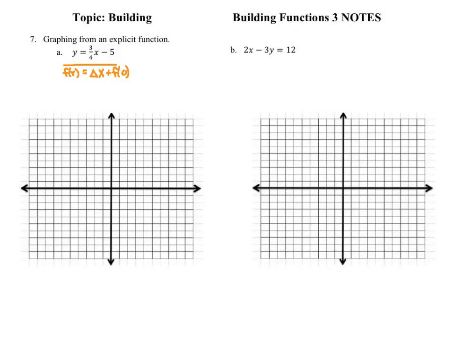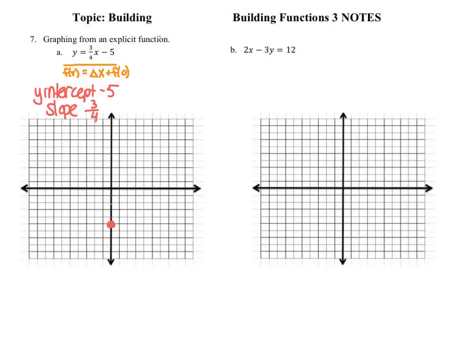So what's my y-intercept? My y-intercept is -5, and my slope is 3/4. So I'm going to graph my y-intercept first. That's -5. So if I start at the origin, I go down 5. 1, 2, 3, 4, 5. So this is my y-intercept.